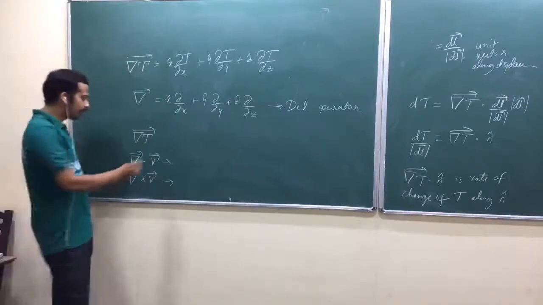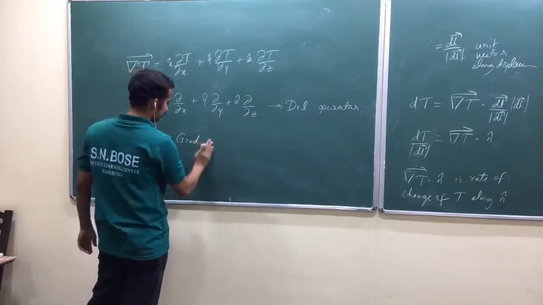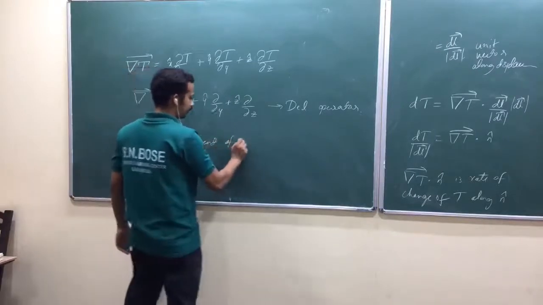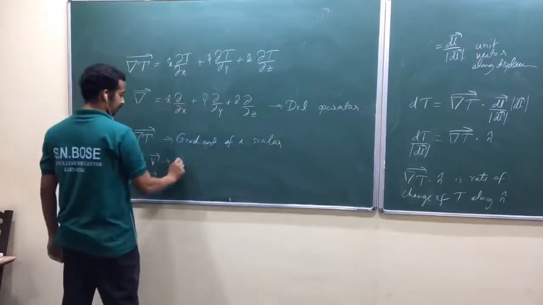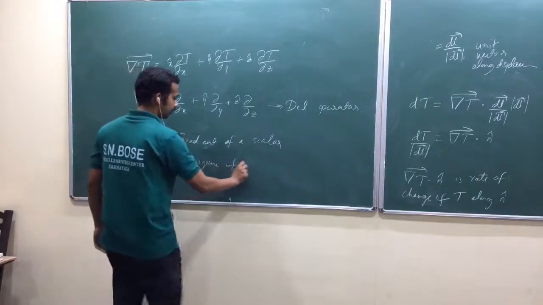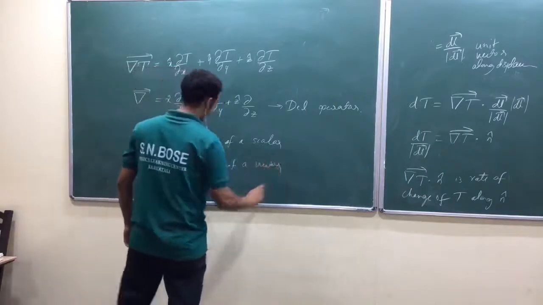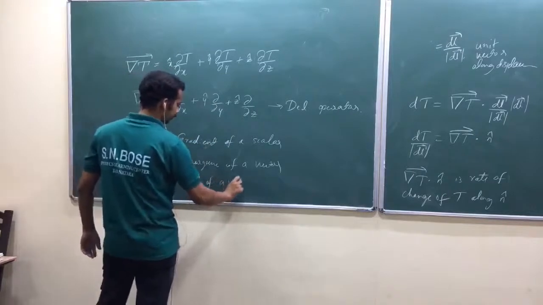We call this one gradient of a scalar, divergence of a vector, curl of a vector.